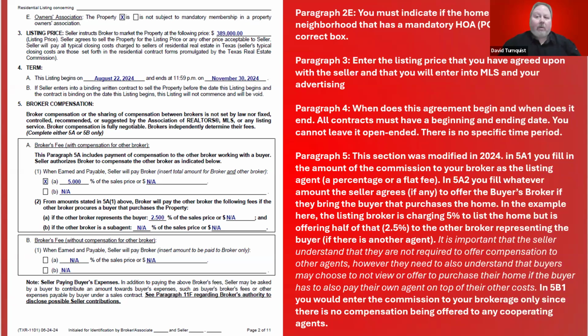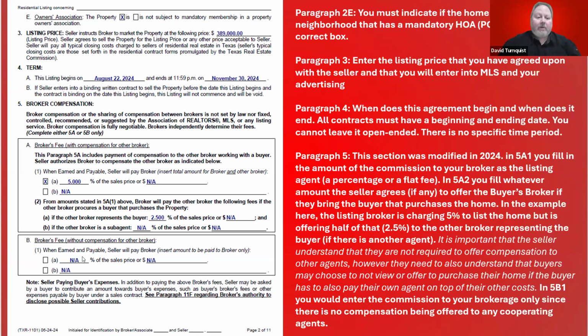Most sellers that aren't willing to offer a commission to a buyer's agent are most likely not going to be willing to offer you 6 or 5% either. They're probably going to want you to list it at 3 or 2%. But you need to discuss that with your broker and what their policies are there.